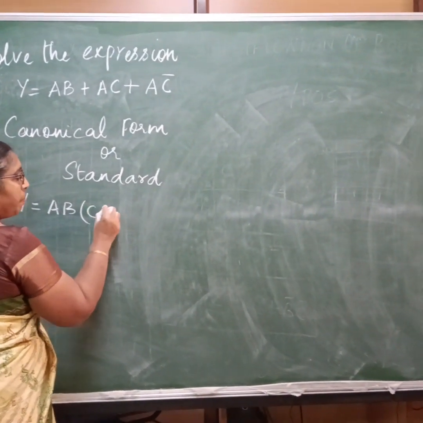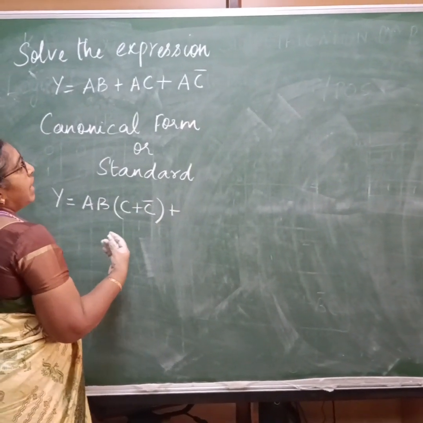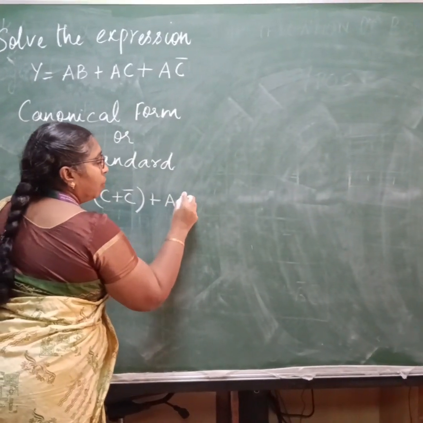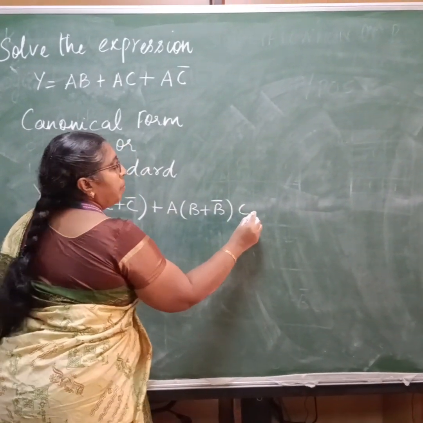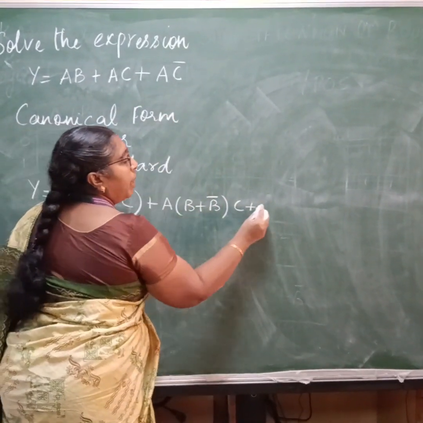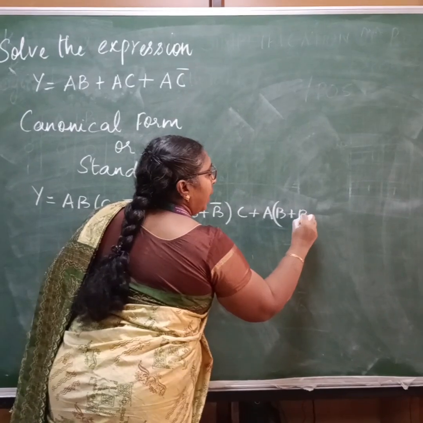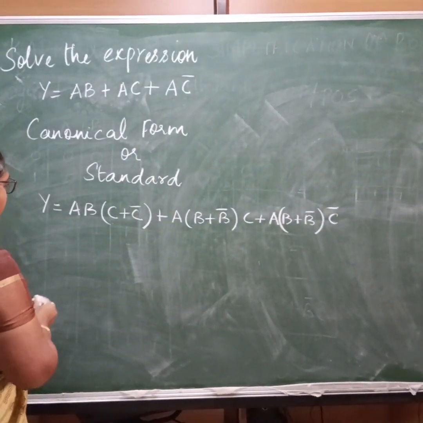So it can be represented as C bar, to bring it to the standard form. In this term, what is missing is B. So A into B plus B bar into C, plus, in this term B is missing, so we have to multiply by this expression C. Now we can bring it to the standard form.